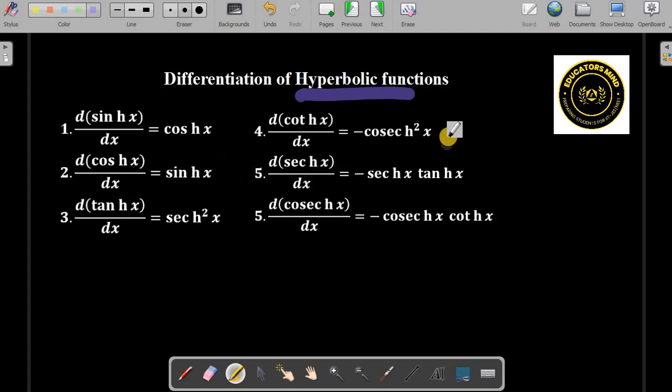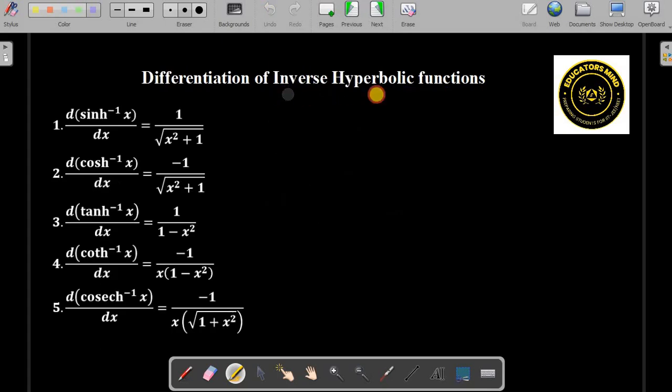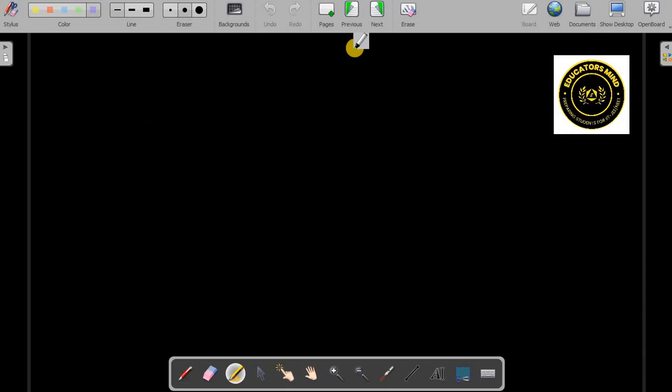Then these are the formulas. Similarly, for inverse hyperbolic functions, you are not going to use them much, but they may come in integration. So I am giving the whole list of formulas here. Then we will be seeing integration next. Thank you.